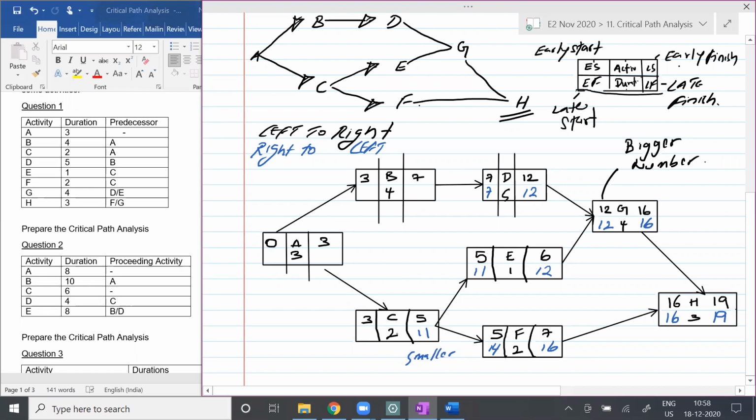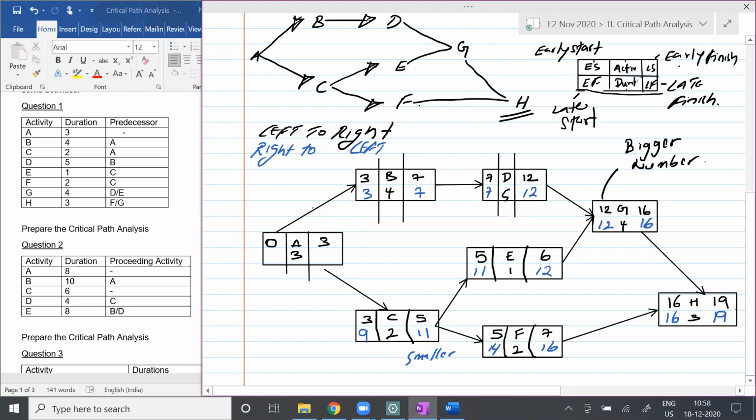So 11 minus 2 is how much, students? 11 minus 2 is 9. Agree, no, students? And here, I'll bring 7. So 7 minus 4 is how much? 7 minus 4 is 3. Now, students, again, there's an intersection. So 3 and 9.